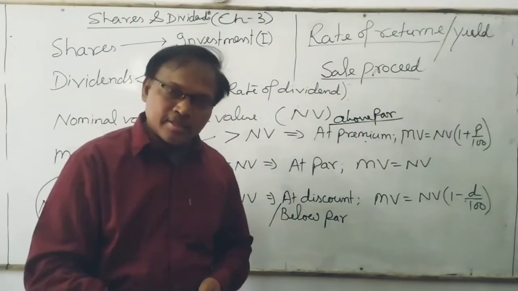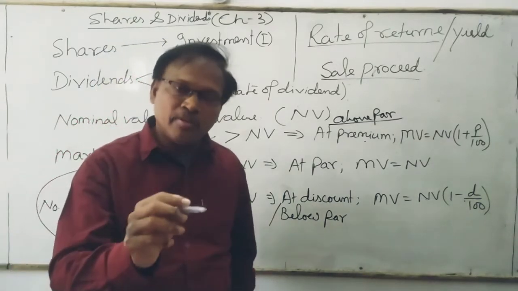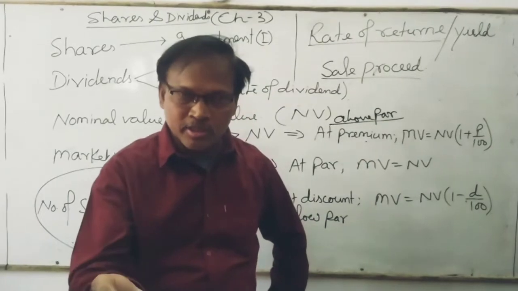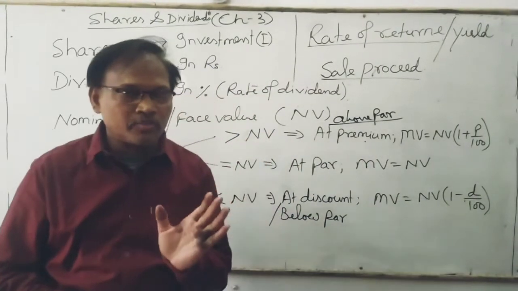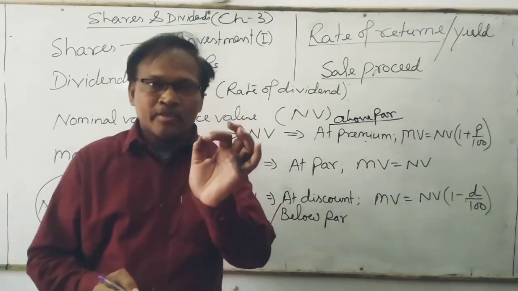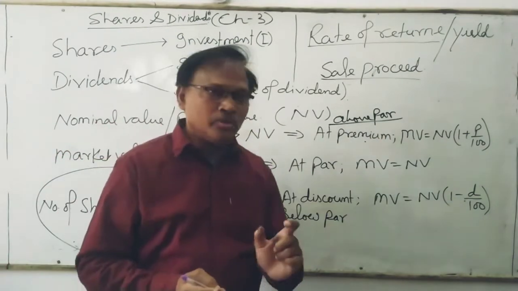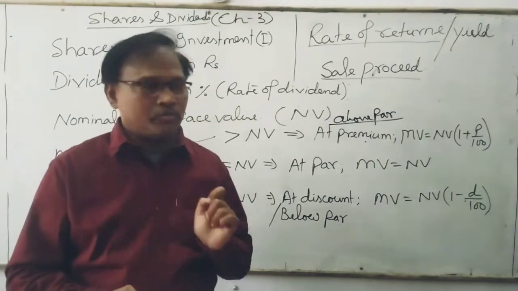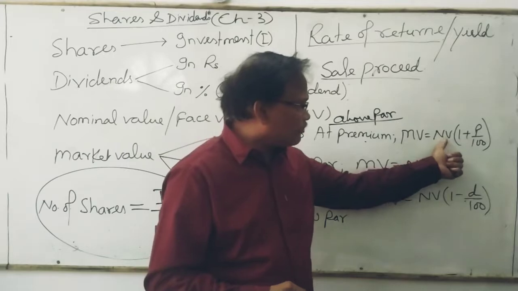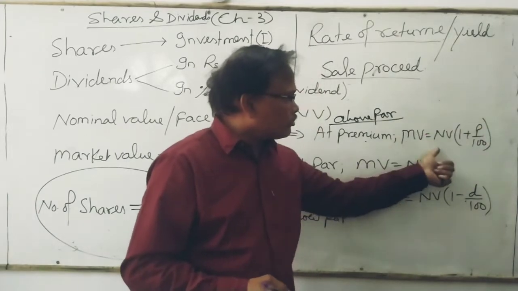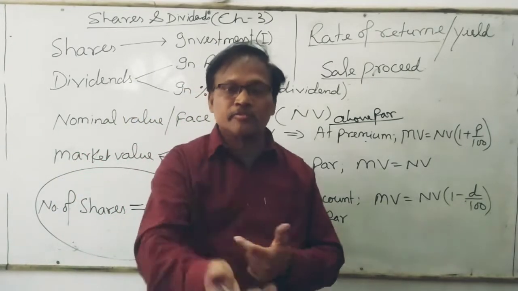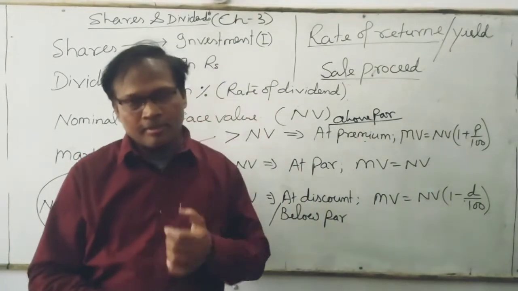How to find the market value in the case of at premium? At premium means at a premium of 10%, at a premium of 20%. तो ये जो 10%, 20% है, that you will take considering the market value on the nominal value. मतलब कि प्रीमियम सपोज 10% है तो NV1 plus P by 100, so it will give the market value, means the increased value of the share.